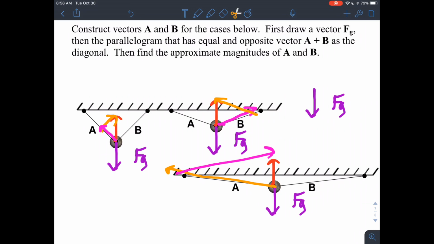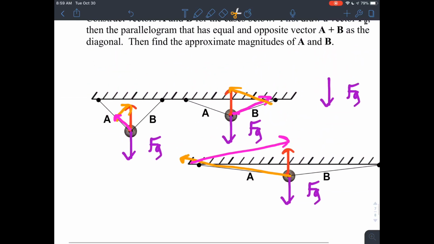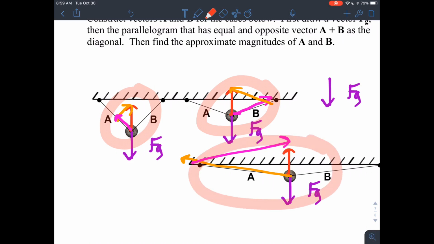So what we see in these cases is how do A and B compare for each example? Well, in the very first example, A and B are very short. In this example, A and B are a little bit longer. And in this example, A and B are the longest. Okay, so what you'll notice is here, A and B are pulling less horizontally.